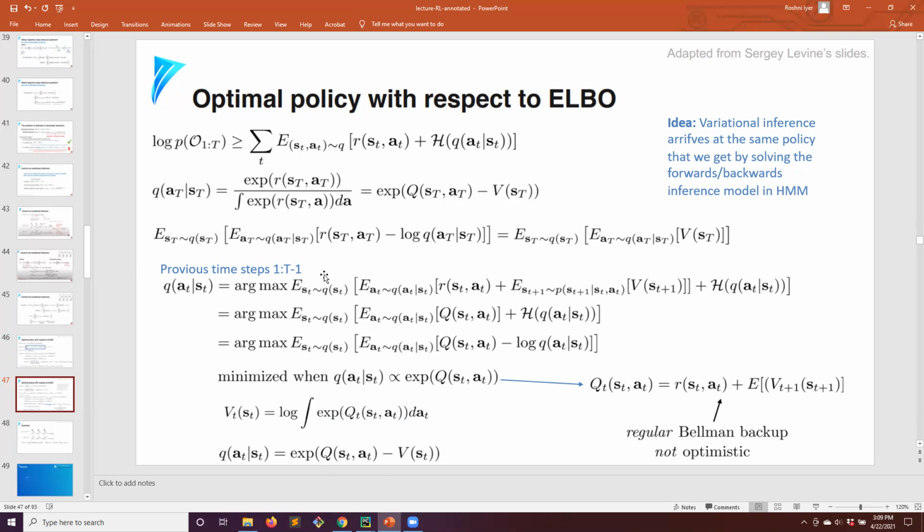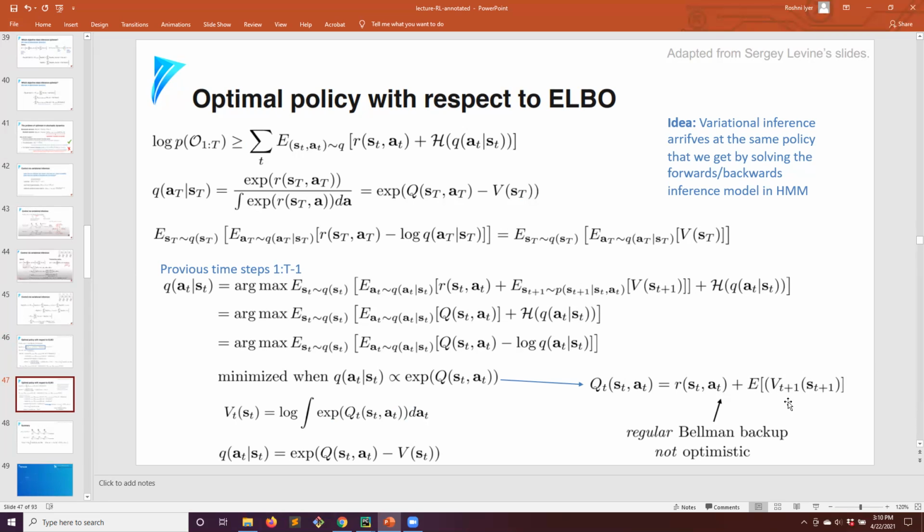And we already saw this part, which is from up here. And using this, because it's proportional, we can say that now the Q function is this reward plus the expectation of this value function at the next time step. So that value function is the expected cumulative reward, in this case for the next time step.